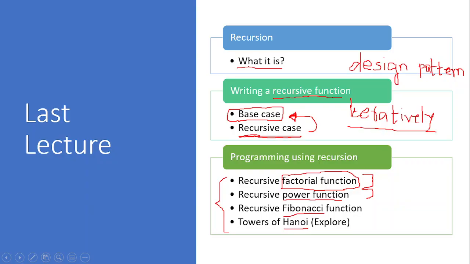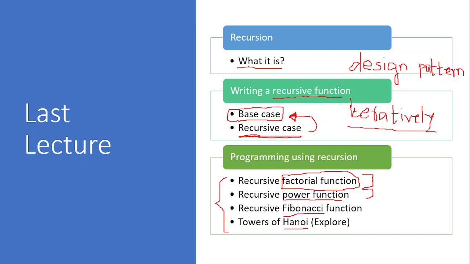Okay, so this is what we talked about in our last lecture. We talked about recursion, what it is, and how we can write a recursive function. The important thing to remember is that every recursive function must have a base case. It must also have a recursive case, and the recursive case should be such that it approaches the base case.